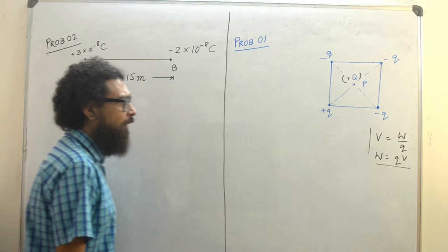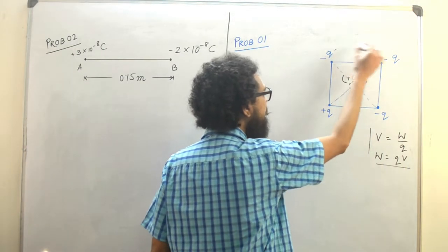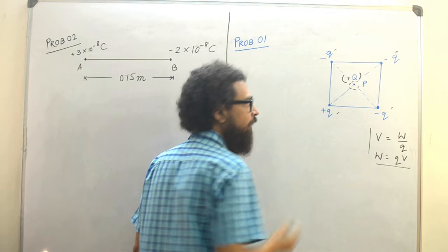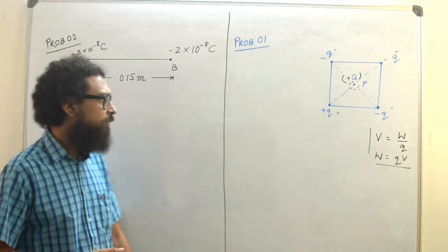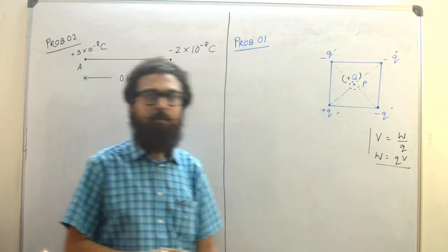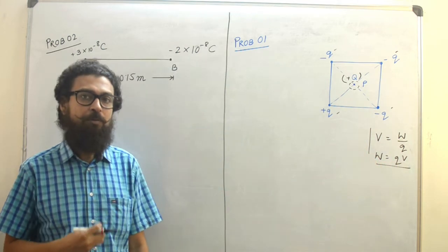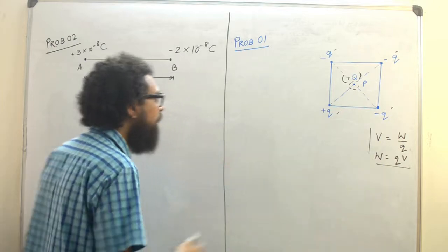Now let us find out the potential at point P due to these 4 charges. Then if we want to calculate the work done, we can just multiply that potential with capital Q, so that we get the amount of work we have to do against this field in order to remove capital Q. Okay, so let us calculate.